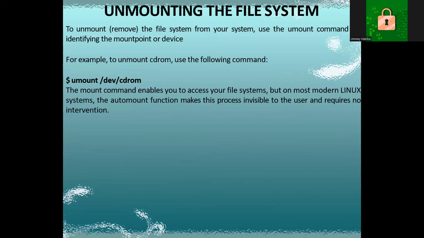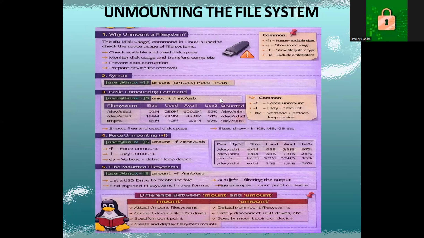The umount command is used to unmount a file system in Linux. This is the basic syntax of unmounting a device.